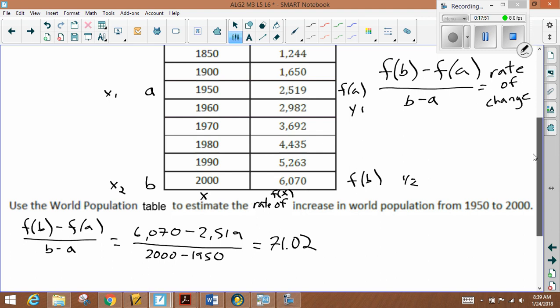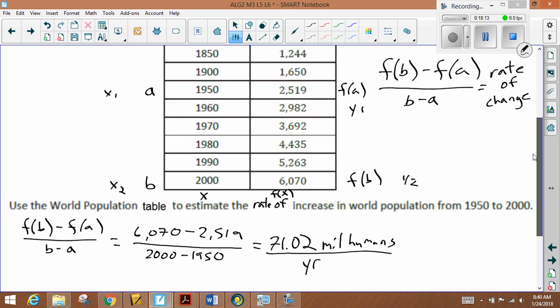Which means that the rate of increase in world population from 1950 to 2000 is 71.02 million humans per year. No problem, right?